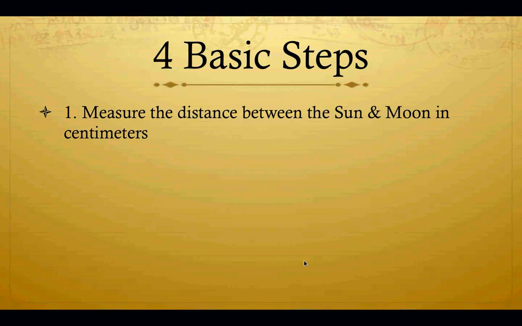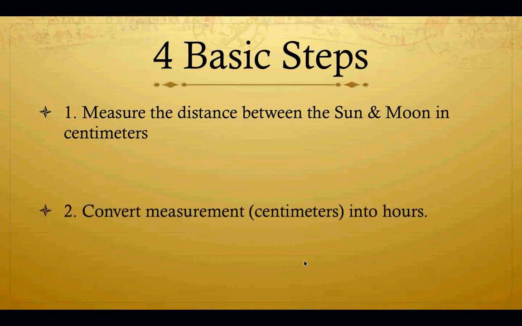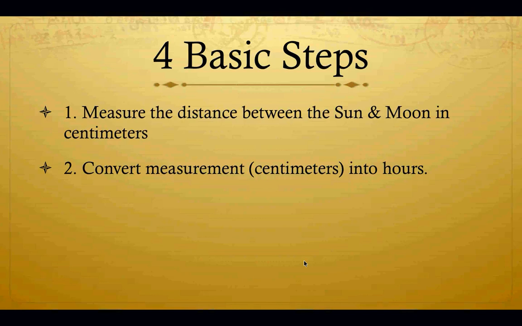Okay, so there are four basic steps to the measurement process, or to the calculation and measuring that whole process. First, you measure the distance between the sun and the moon in centimeters. Second, you convert the measurement into hours.